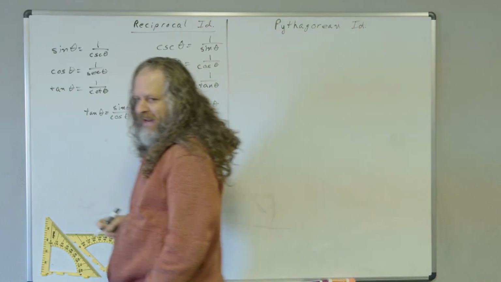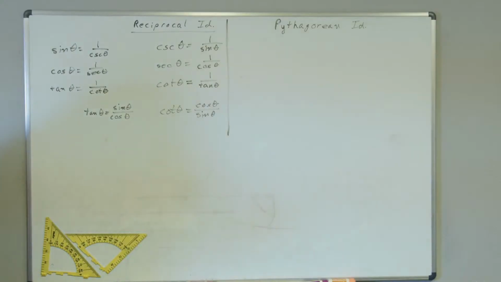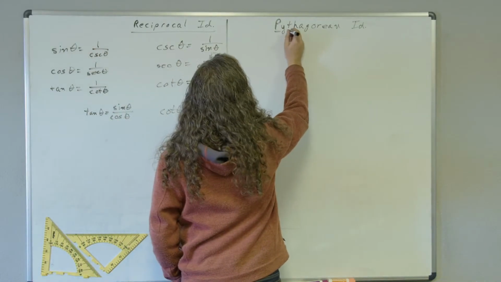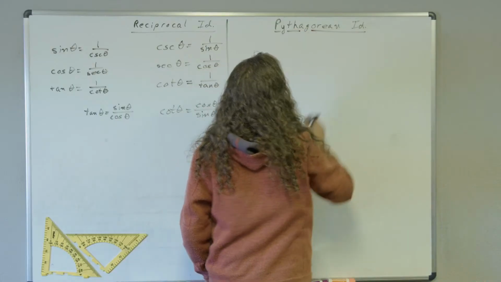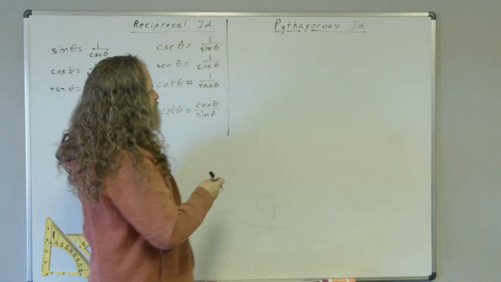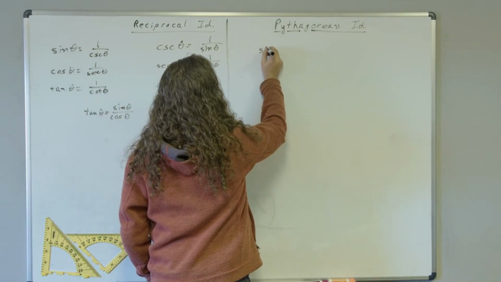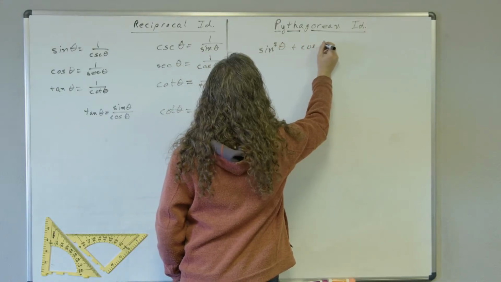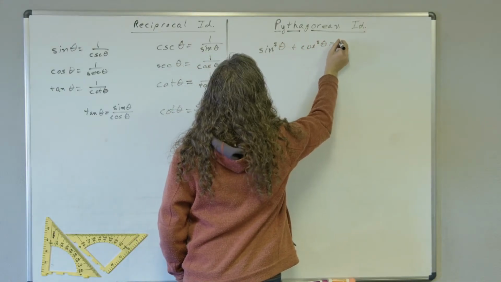The Pythagorean identities are, like their name suggests, derived from the Pythagorean theorem. The first Pythagorean identity is that sine squared theta plus cosine squared theta equals 1.